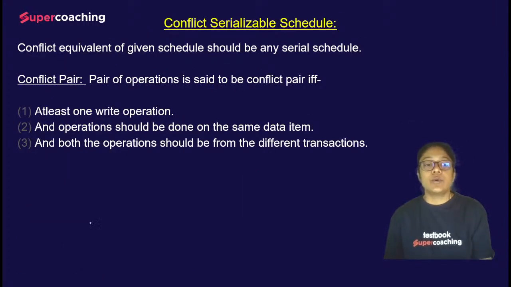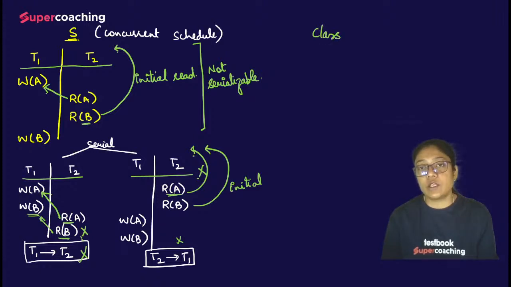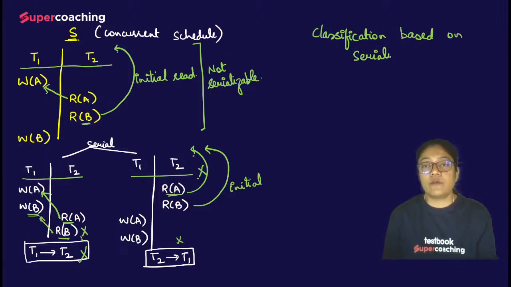All right. So next, if we talk about the types or classification of the schedules based on serializability, then we have two categories. Like in recoverability, there were 4 categories, but under serializability, there are 2 classes.